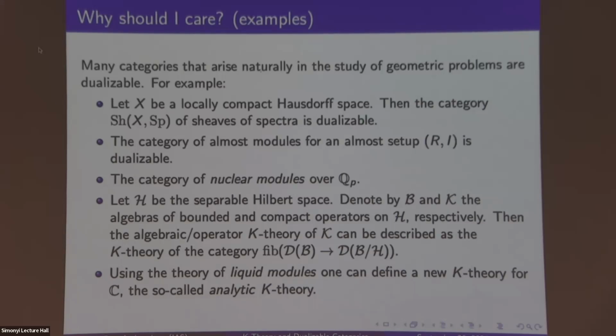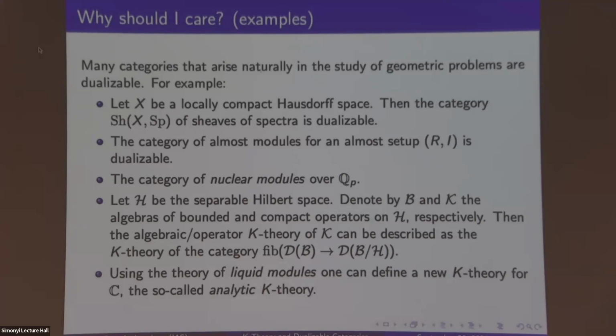You want to be able to do the following: you give me an object, I produce a category, and then there is a way to assign K-theory to every category, which doesn't know anything about where you are coming from. So here is the construction. You take the derived category of the algebra of bounded operators on your Hilbert space, consider this functor, take its fiber, and this is a dualizable category, and you can take its K-theory.